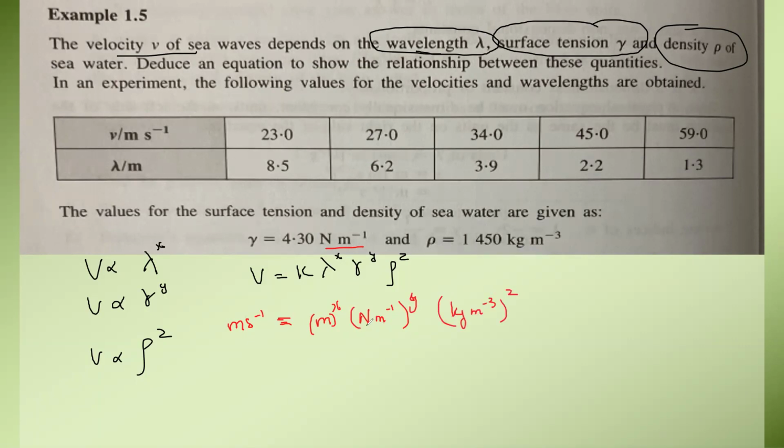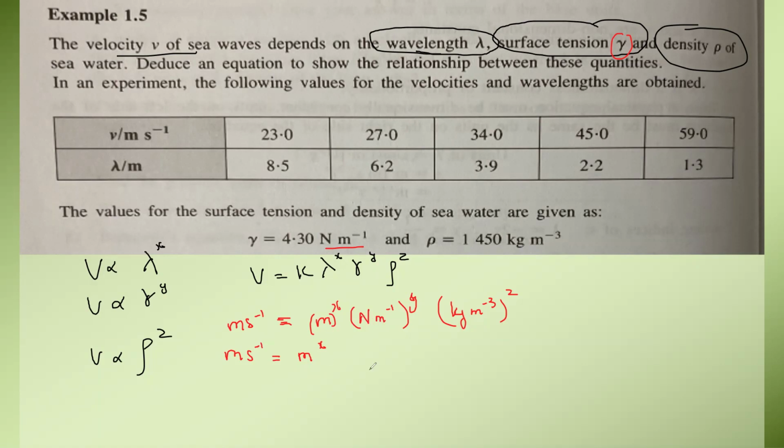But the problem here is that Newton is not a base unit, so we have to express the Newton in base units. Surface tension is represented by the Greek letter gamma. It's not the gamma radiation, it's just the surface tension, which has the unit Newton per meter.